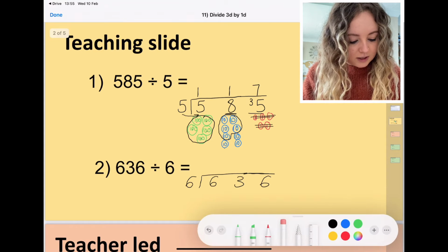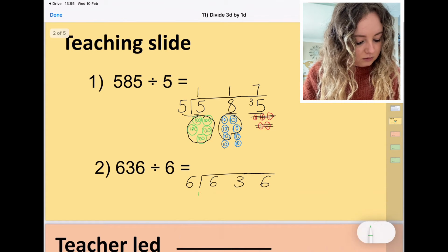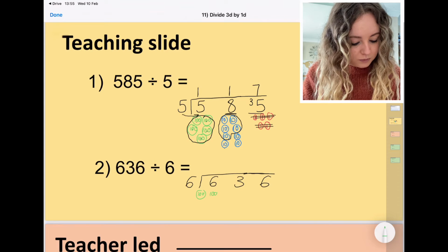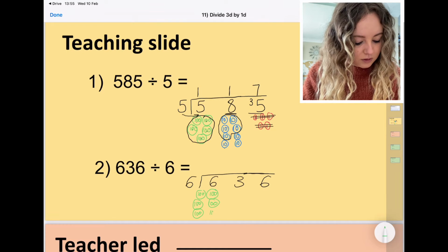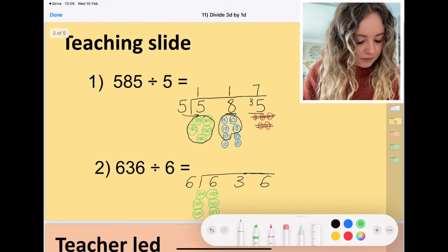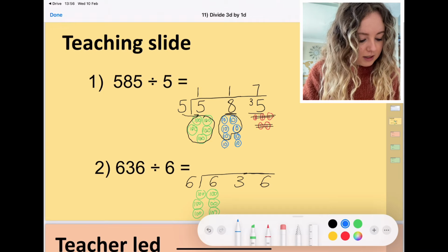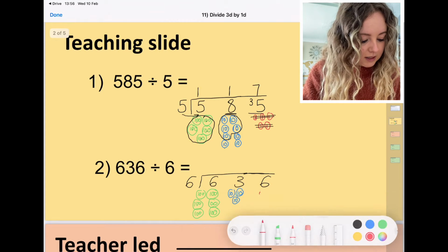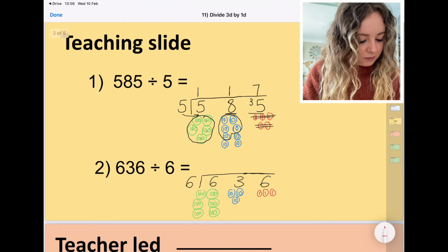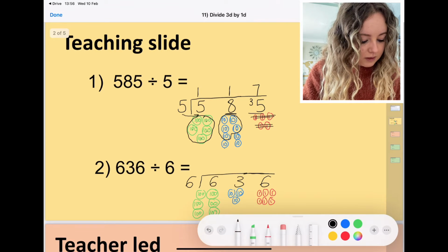So we're going to have 600s, aren't we? 1, 2, 3, 4, 5, 600s. Then we've got 3 10s. So 3 lots of 10. 1, 2, 3, and lastly 6 ones. 1, 2, 3, 4, 5, 6.